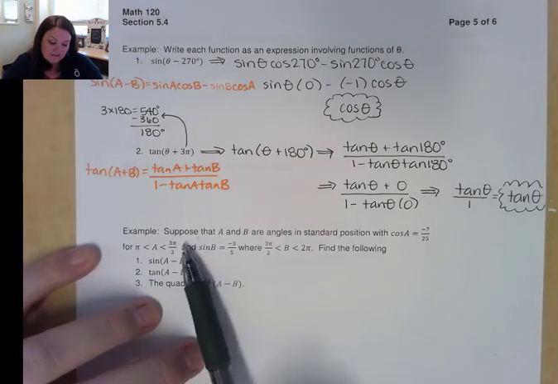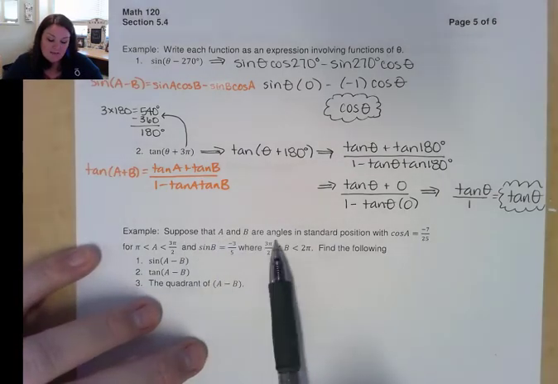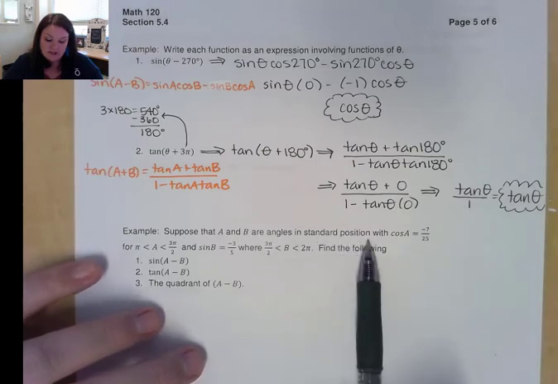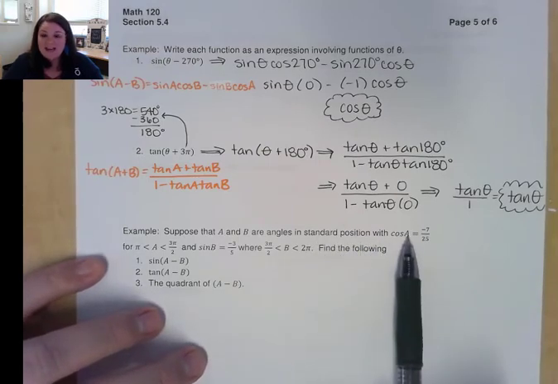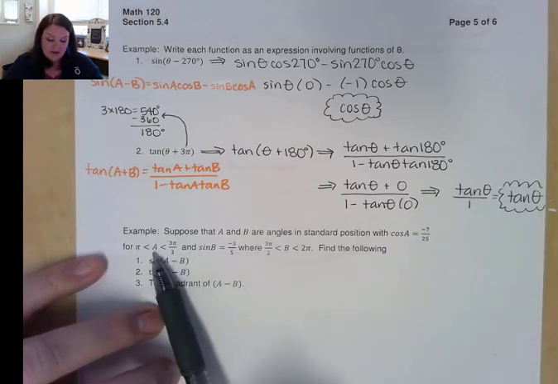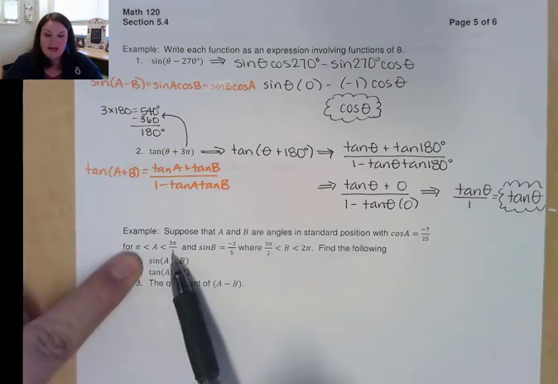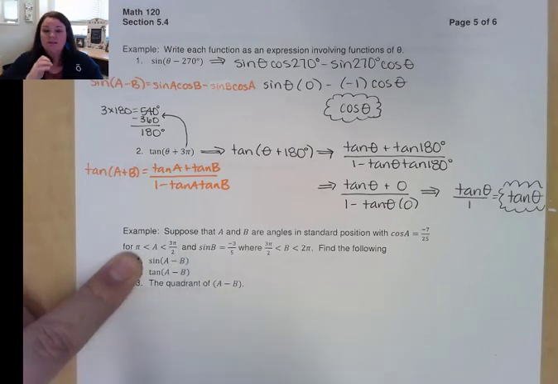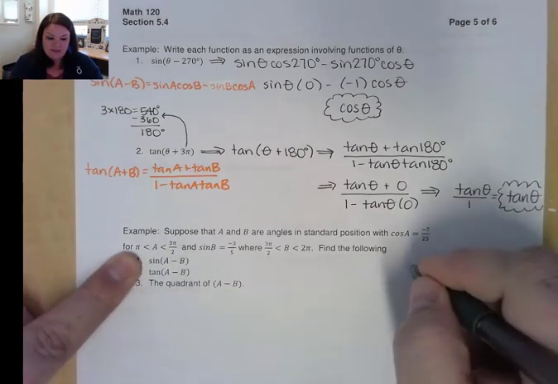So notice here it says, suppose that A and B are angles in standard position with cosine A equaling -7/25 for this angle A that happens to be between pi and 3 pi over 2. I'm going to stop right there and just think about this.